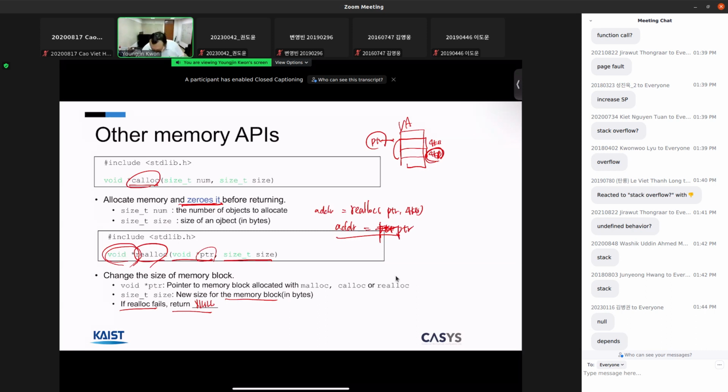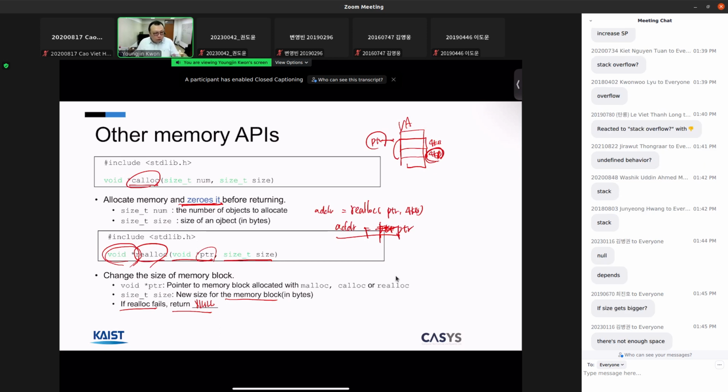When the address and ptr are different, I'm just recapping what you learned in systems programming, right? If there is no space to increase, then the operating system finds some space with enough room, moves the data, and returns that address. Therefore, if some address space after this ptr is already taken, it allocates a new space of 8 kilobytes and makes ptr point to here. Therefore, the original ptr and the returned address may be different.